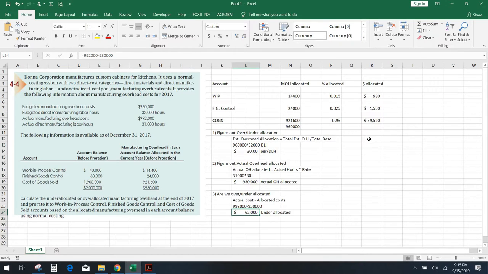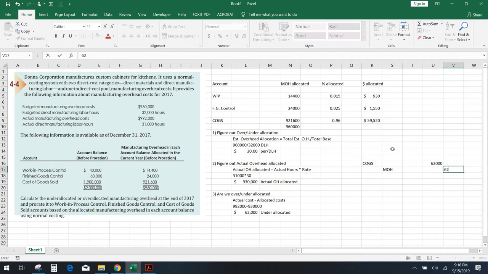Now I will make that comment, and he mentioned this in class, because most of this, like 96% of it, is in cost of goods sold, it would make more sense to simply debit cost of goods sold for the whole amount, 62,000, and credit manufacturing overhead 62,000, and that would do the same thing.